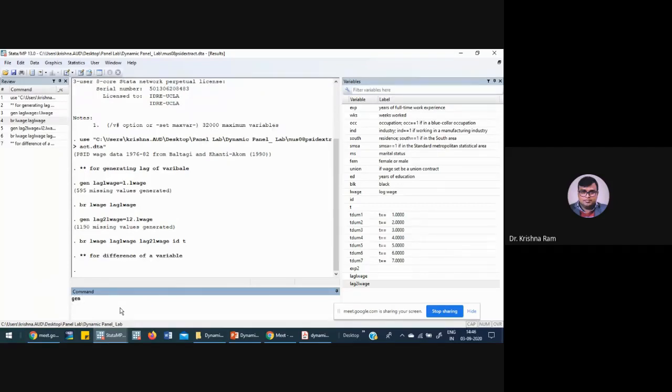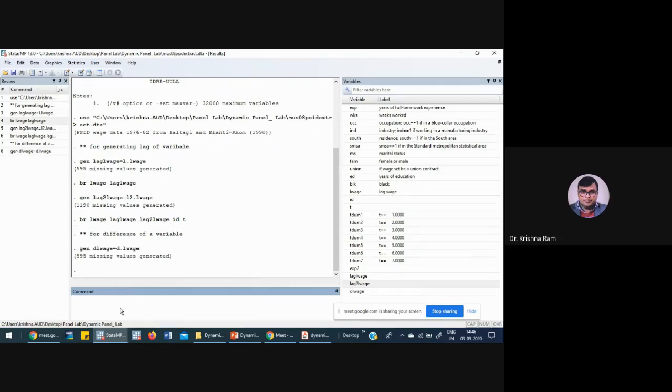I'm generating the difference of the log of wage variable: generate D LWAGE equal to D dot log of wage. This gives us the first difference of the log of wage variable.